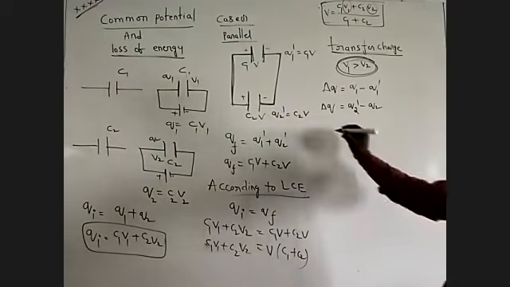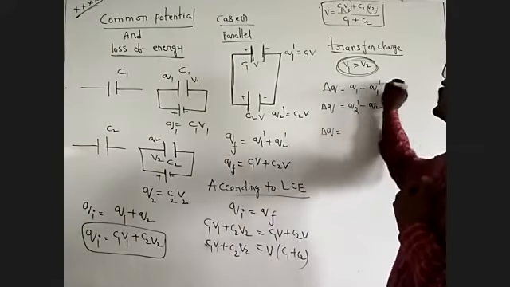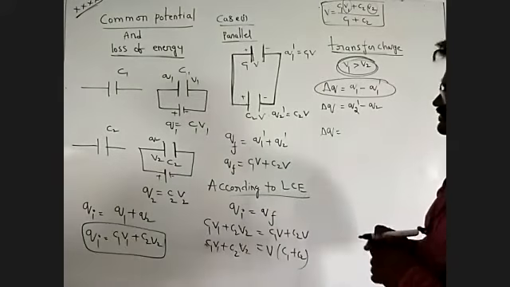Now the charge transfer, delta Q, is equal to Q1 minus Q1 dash. What is Q1?